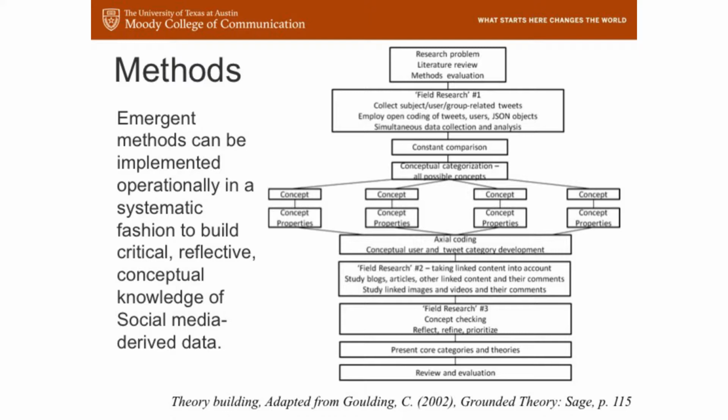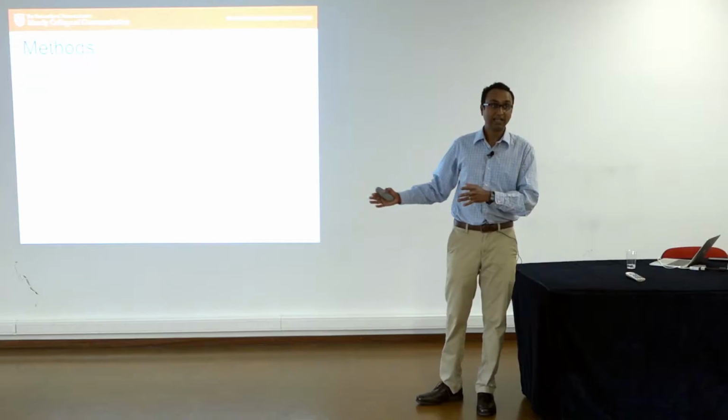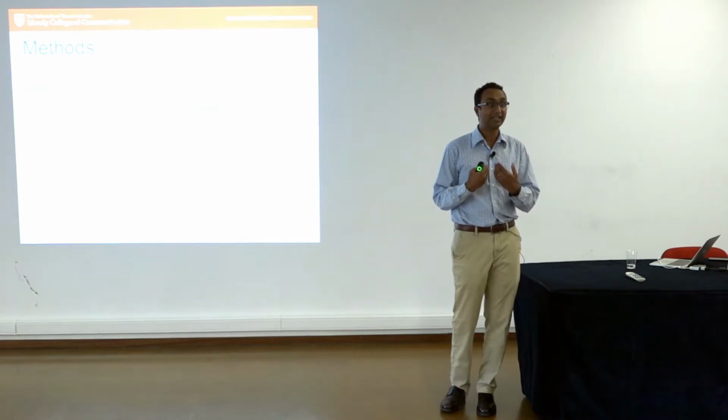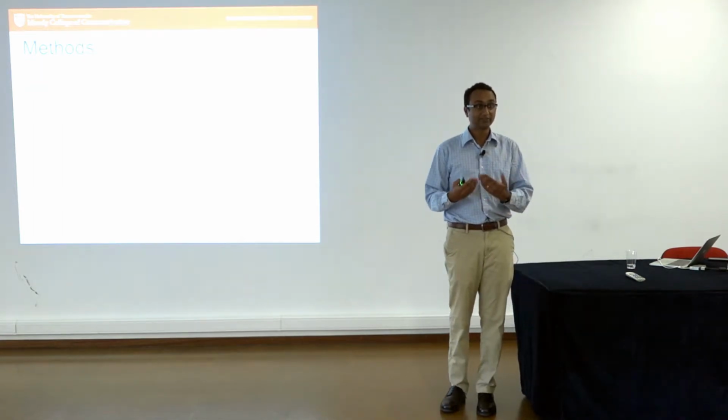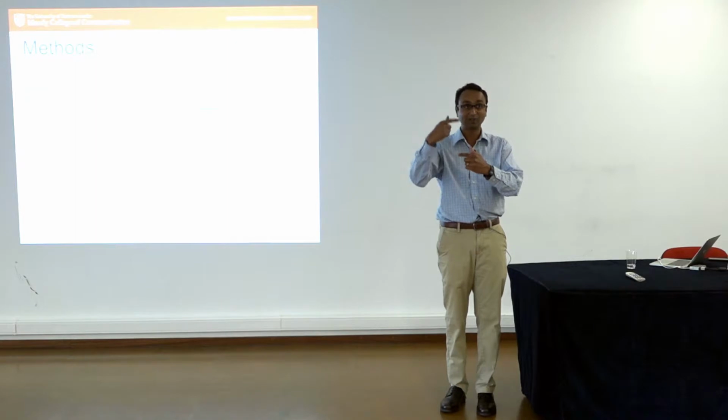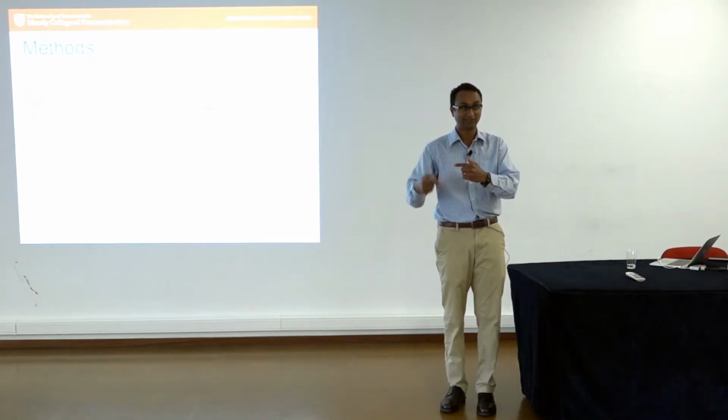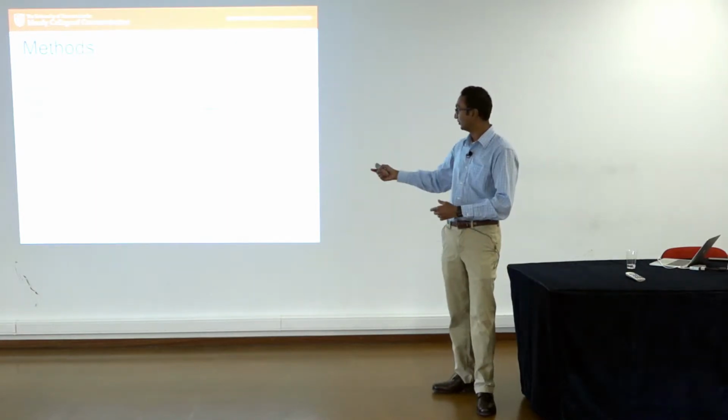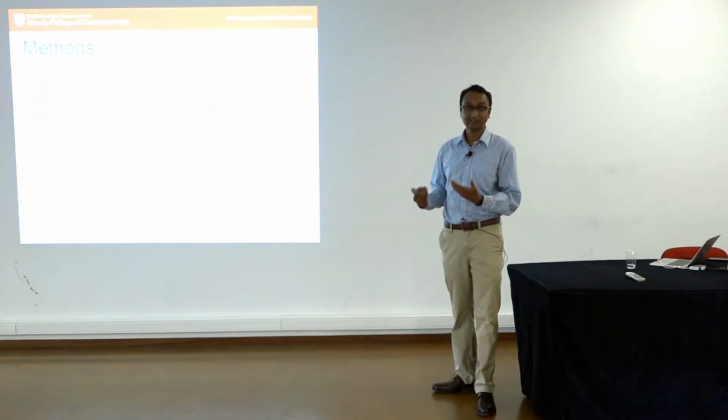And the idea is to take grounded theory, so an inductive approach, and employ that within trying to code things like tweets. And the idea is to have a very iterative process. So iterative here meaning to do it over and over until we finally get to when we have concepts.